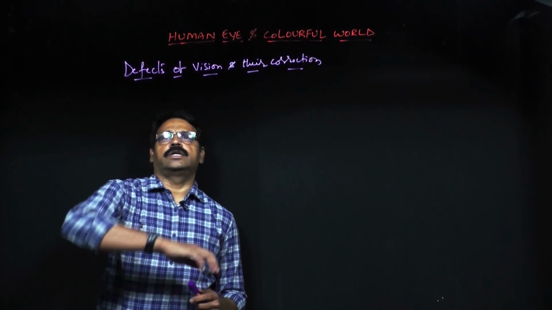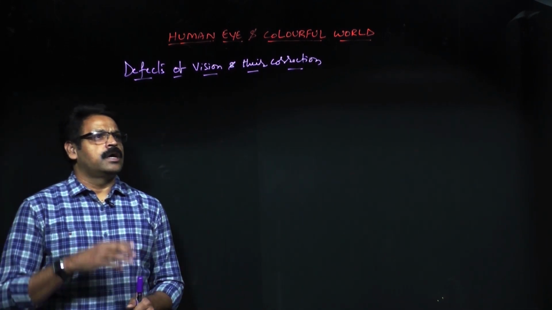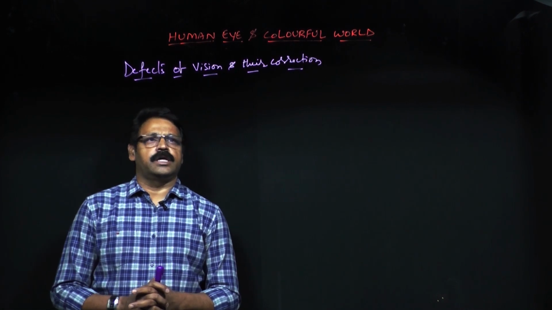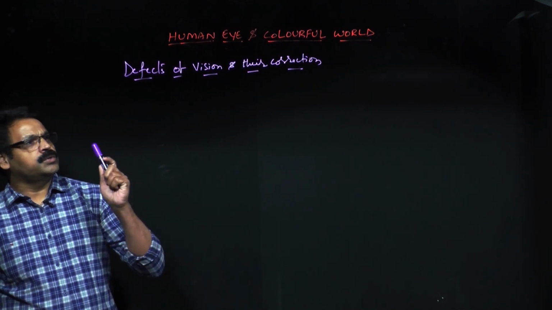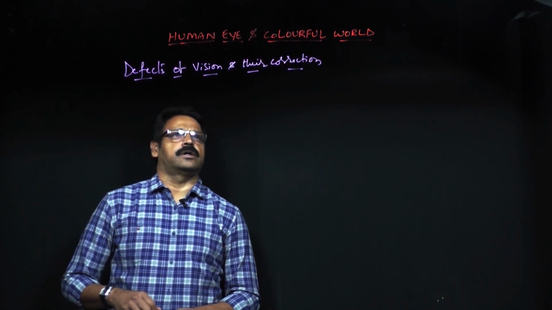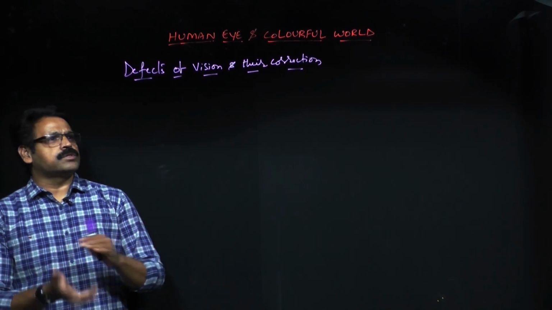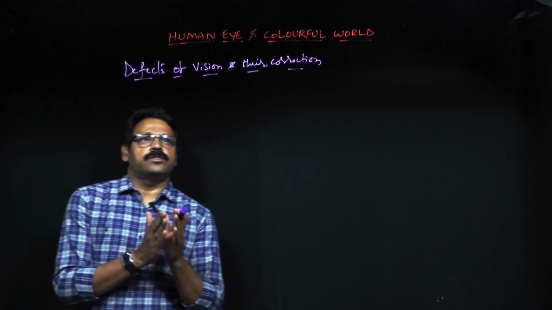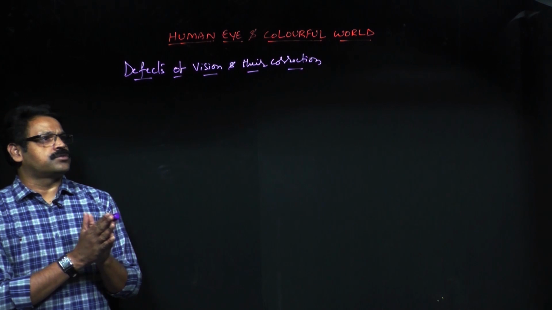Now we are going to look at how the defects arise for the human eye. That means if the human eye is not in a position to look at the objects clearly, then you say that there is some defect in the eye. And how do these defects come in for the eye? Because the focal length of the eye lens is not properly accommodated, that means the power of accommodation is not proper.